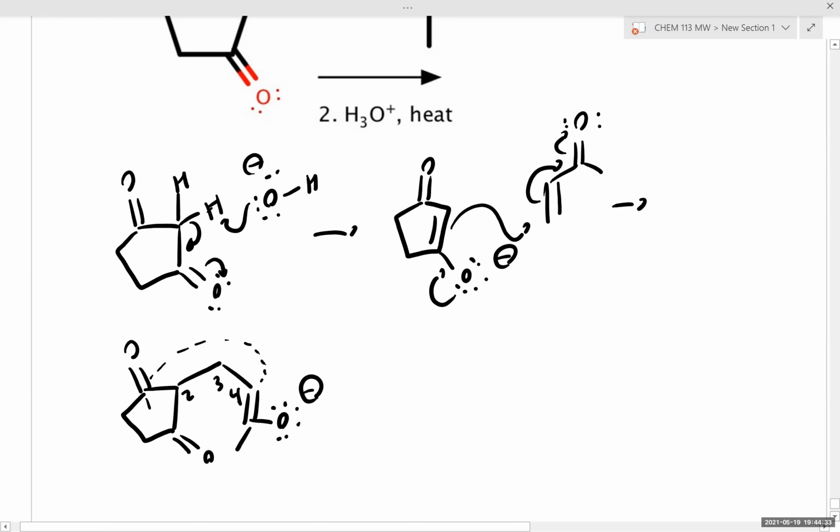It would give a four-membered ring, which is not particularly favorable. However, we can set up this substrate for a productive reaction. So how do we set up this compound? How do we make an enolate that can actually react via an aldol reaction?